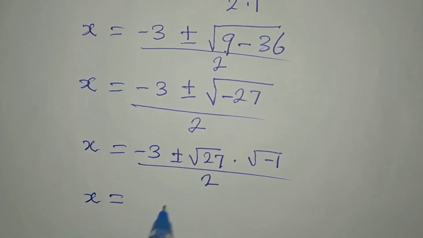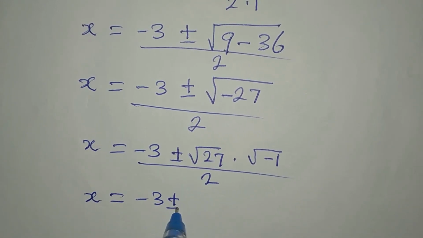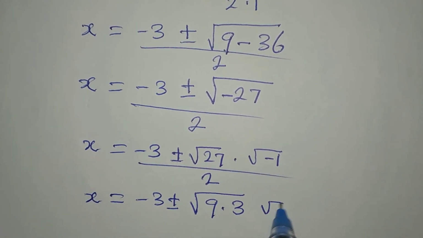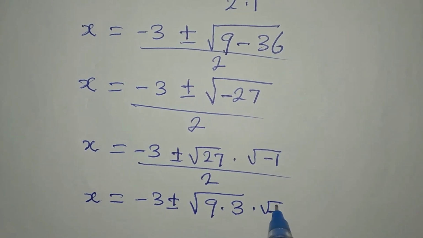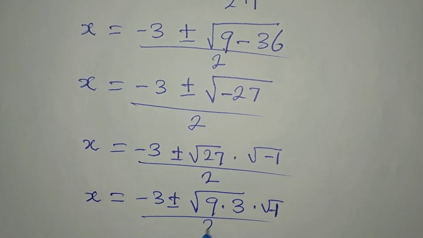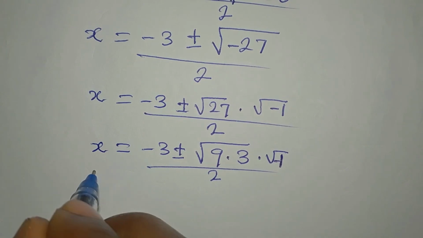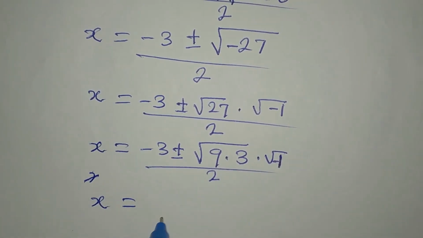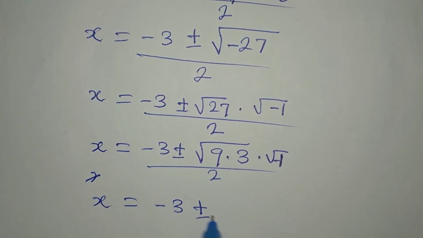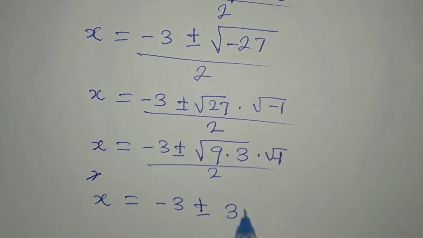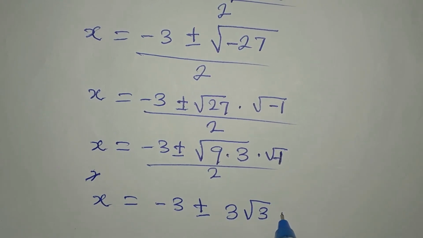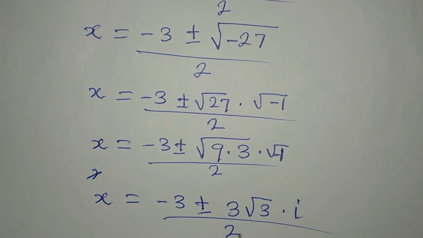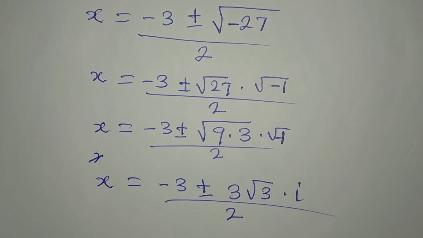Now x is equal to minus 3 plus or minus square root of 27, which is 9 times 3, then times square root of negative 1, as we divide by 2. Now our x is equal to minus 3 plus or minus square root of 9 is 3, then I have root 3, then multiply by i because square root of negative 1 is imaginary, then we divide by 2. What can we do from here?